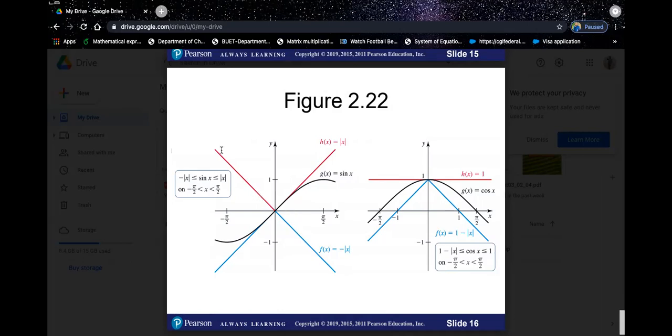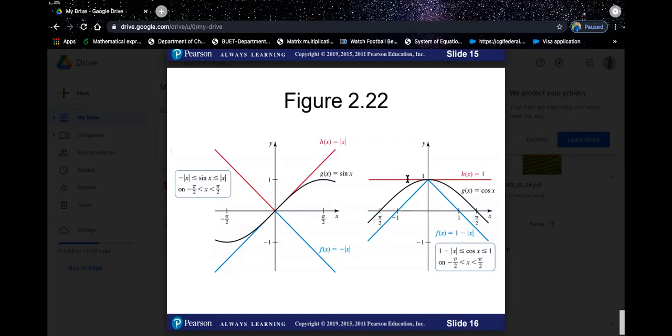Absolute value of x is the V-shaped one, and the negative absolute value of x is the upside down V. So clearly our function sine x lies in between these 2. So if we can find the limit of these 2, and if they match, we can say that it will be the same for sine x as well.